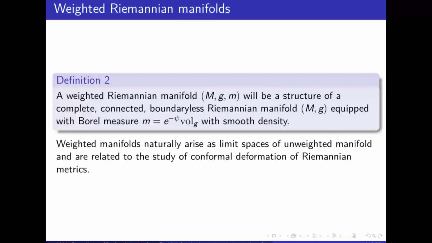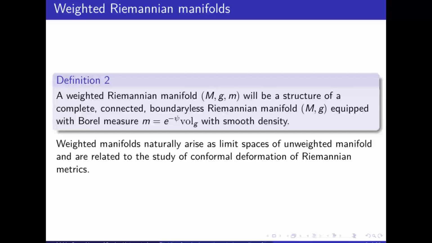Here, the density function of the measure is assumed to be smooth. The setting of weighted manifolds is very interesting, and it naturally arises in limit spaces of unweighted manifolds in the Gromov-Hausdorff sense, and it is related to the study of conformal deformation of Riemannian metrics.